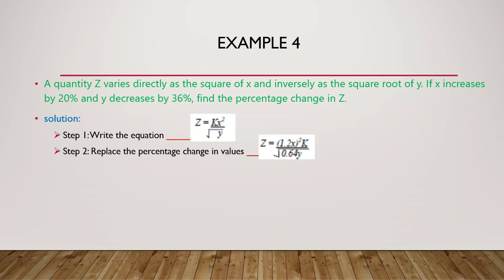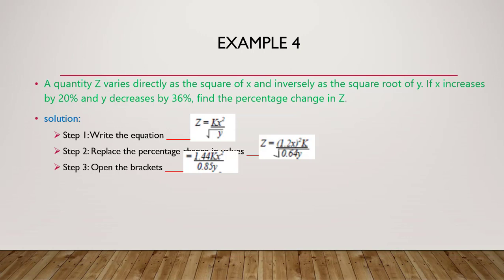Now we multiply that value by y. And since the y was under square root, we have to cover both, 0.64 times y under the square root. And what do we get as the answer? We need to open the brackets. On opening the bracket, we have 1.2 squared, which is 1.44, and the square root of 0.64, which is 0.8.